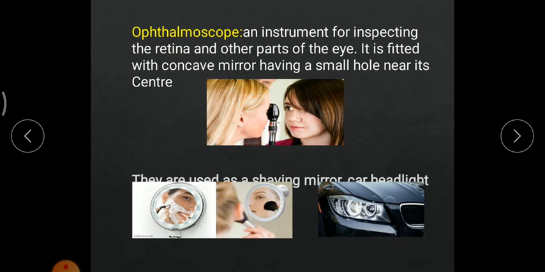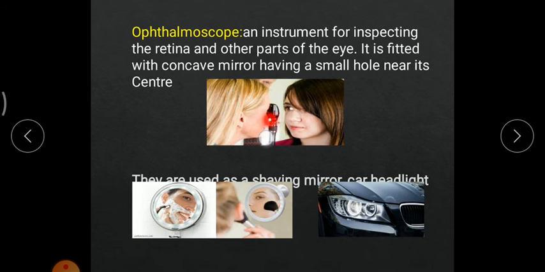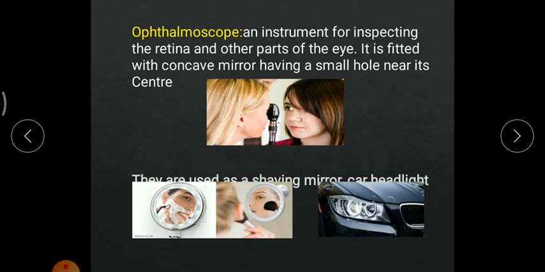It is fitted with a concave mirror having a small hole near its centre. As you can see, this lady is carrying an ophthalmoscope, from which the defects in her retina can be viewed. This instrument basically consists of a concave mirror.